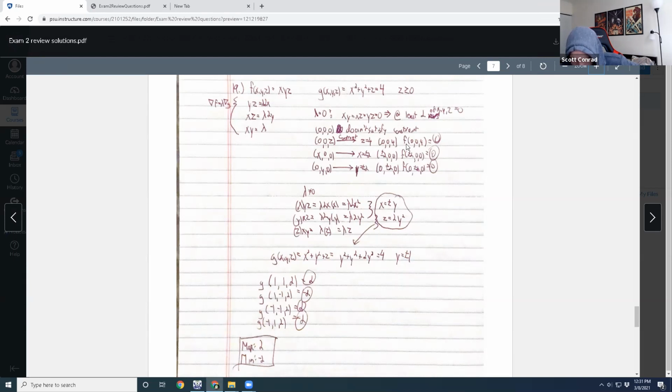If we just kept going, x, y, z should be unbounded.